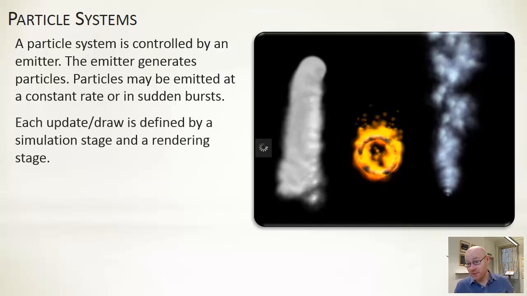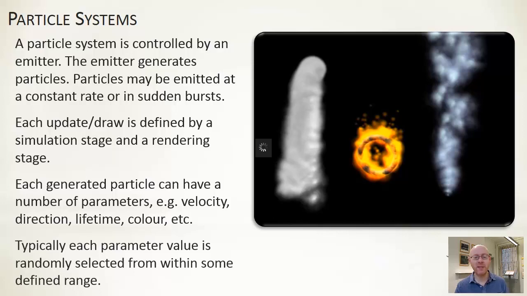In essence, for the emitter then, we have an update phase and we have a draw phase, as you might expect. In the update phase, we are simulating whatever it is we are trying to do a particle effect for. So we're simulating, for example, smoke, or flames, or fireworks. When we're drawing it, we're simply drawing out the particles that we have within it. When we think about particles, these are very simple entities.